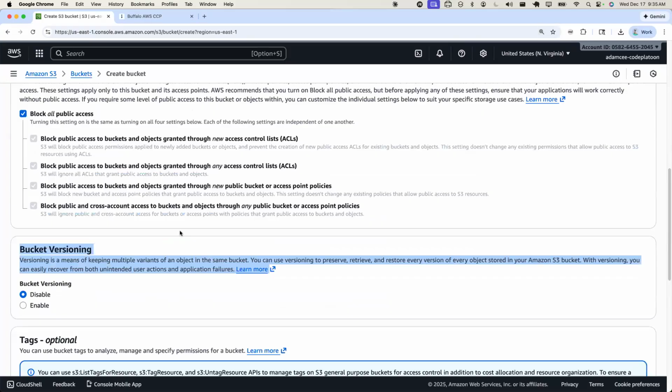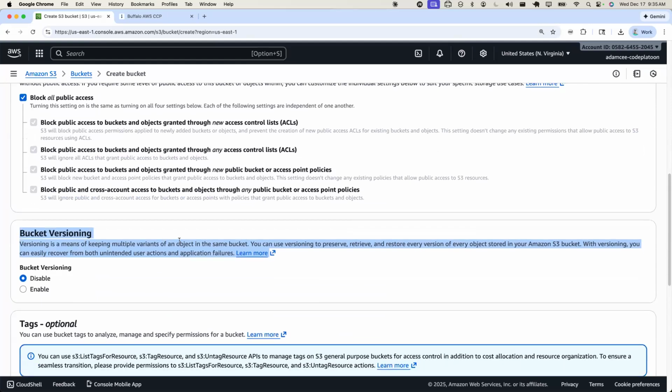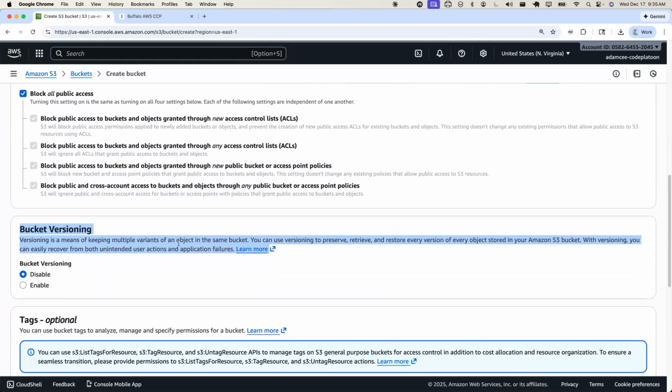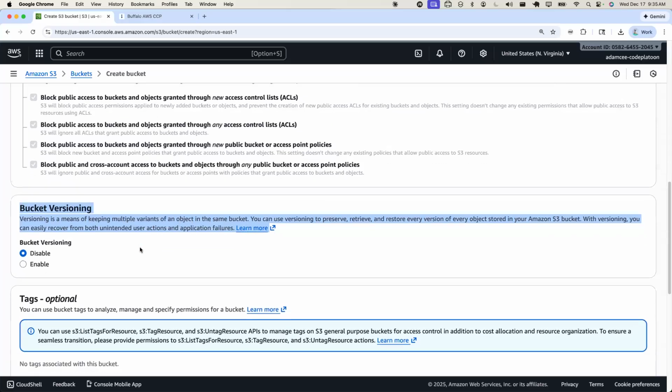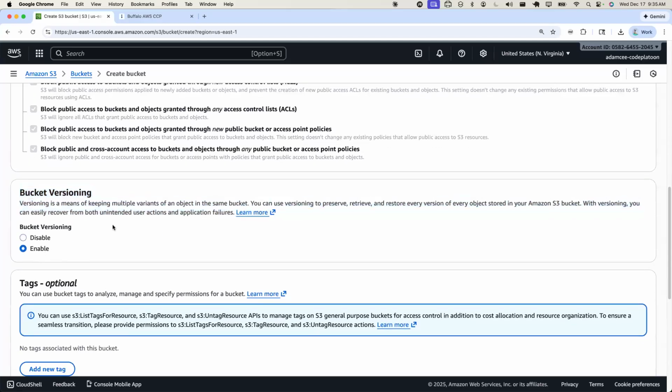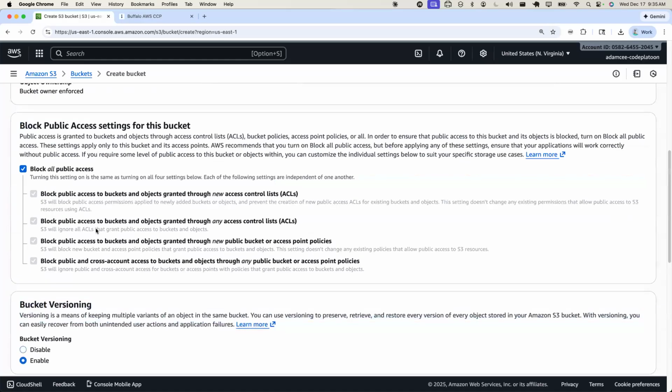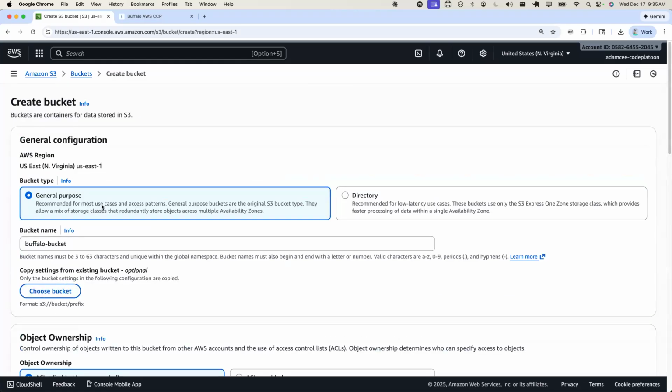For instance, if I do npm run build to make a build version of my React app, I can have different versions up there with different commit hashes. I've seen that as a way of hosting a front end on an S3 bucket. So you can have bucket versioning and lots of other nifty features.